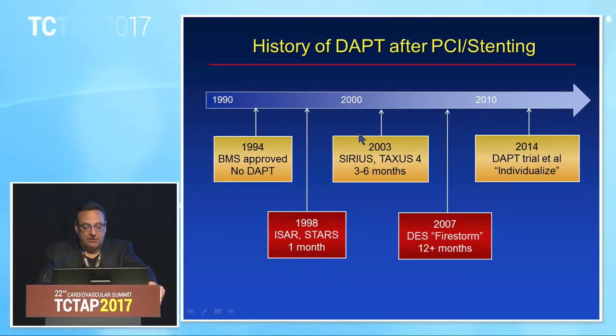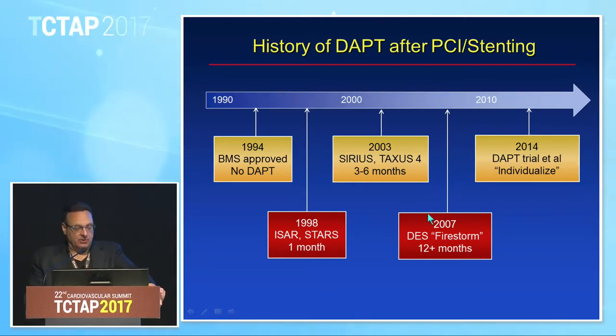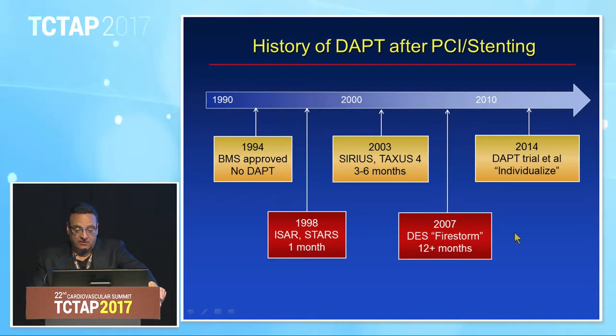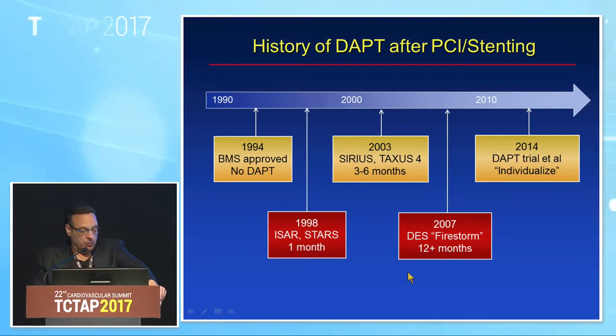In the early 2000s, drug-eluting stents were first introduced, and the sirolimus-eluting stent was recommended for 3 months, and the Taxus stent for 6 months of dual antiplatelet therapy. That stayed for about 3 or 4 years until the drug-eluting stent firestorm around 2006, 2007, when it was recognized that we were starting to have late stent thrombosis events, and the duration of dual antiplatelet therapy was increased to 12 months minimum, with longer for many patients.